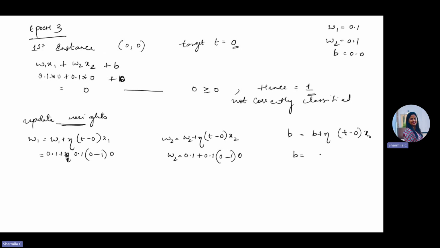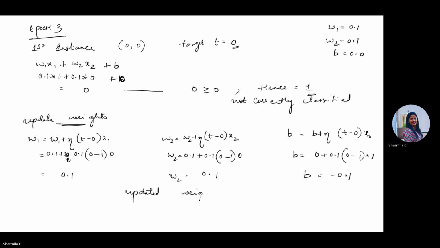Then bias equals 0 plus 0.1, target is 0 minus obtained is 1, into 1. So what is the answer for the weights? W1 is 0.1, W2 is 0.1, and bias we get as minus 0.1.